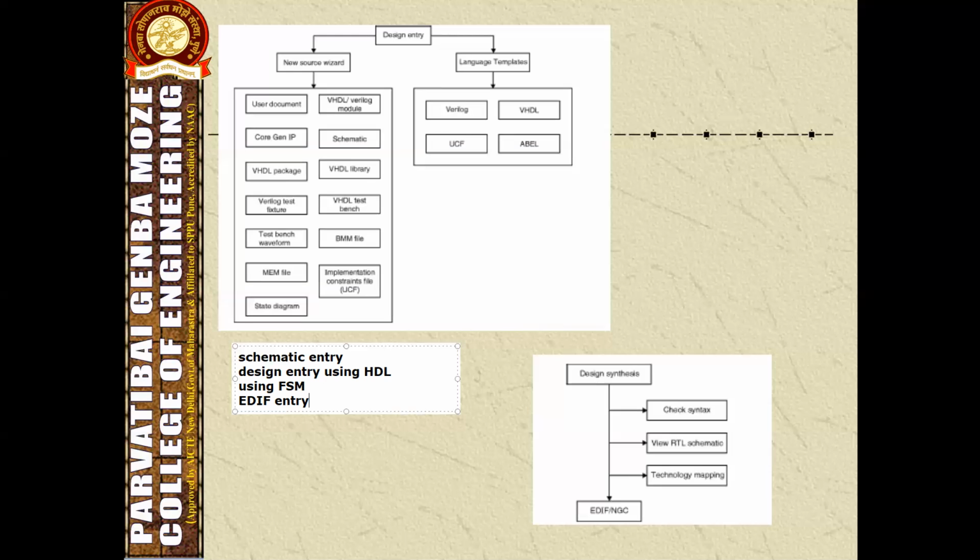The output files are the VHDL file .vhd, .vhdl, Verilog .v, ABEL file .abl, EDIF file .edf, schematic file .sch, state diagram file .dia, and user constraints file .ucf. These are the EDIF entities.